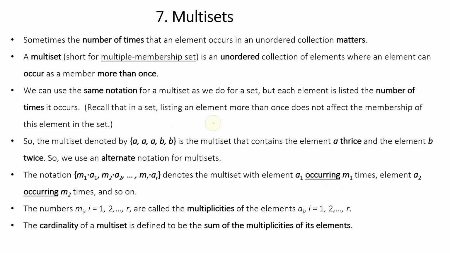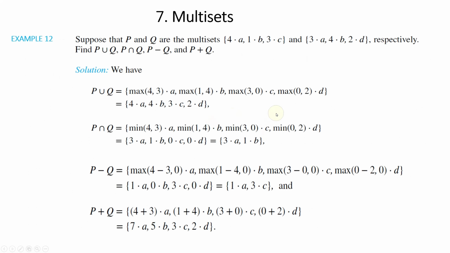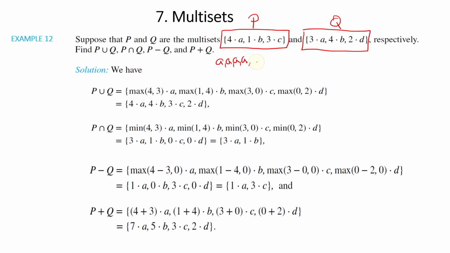Let's have a look at some examples. P is this multiset and this is Q. When talking about multisets, the union, the intersection and the difference need some slight adaptation. P has 4 A's, 1 B and 3 C's.